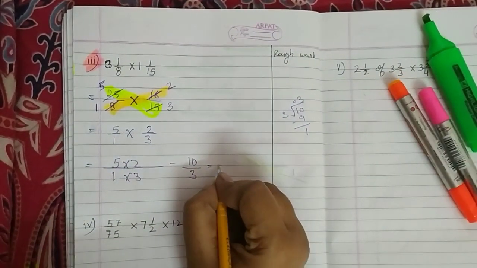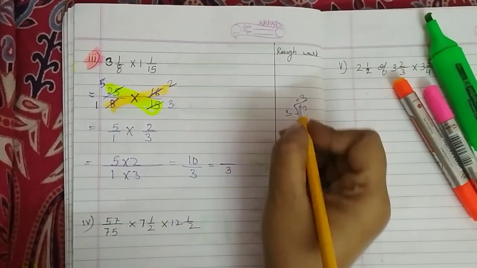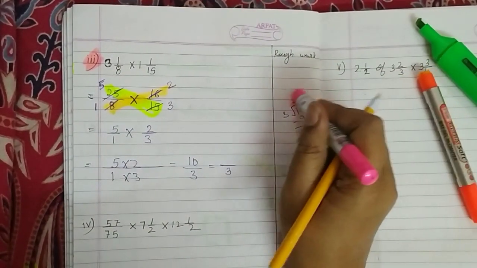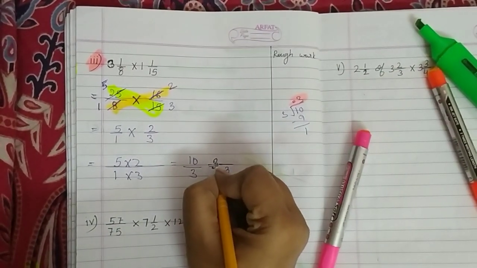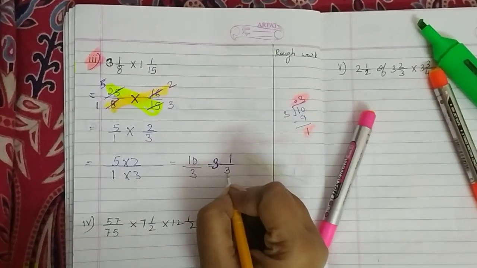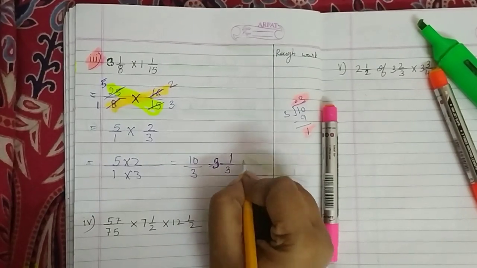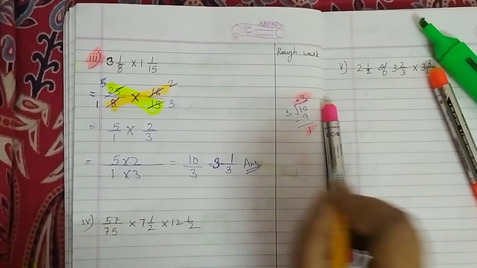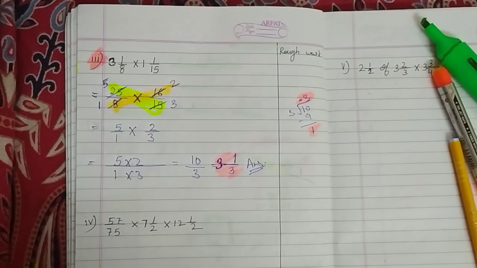So, here 3 will remain the denominator. This 3, that is the quotient, will be the whole number. And this remainder 1 will be the numerator. So, 3 times 3 is 9, plus 1, 10. So, this is our answer. Is it clear, children?